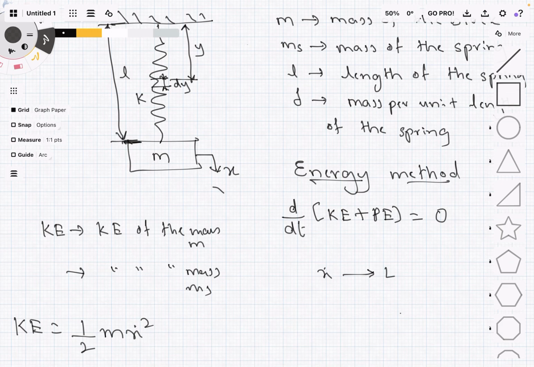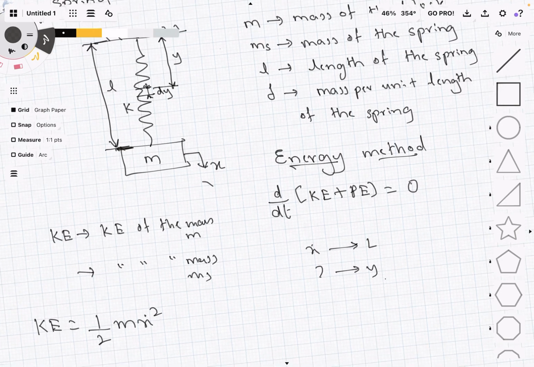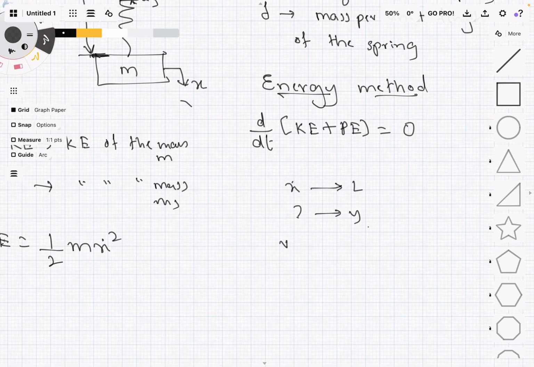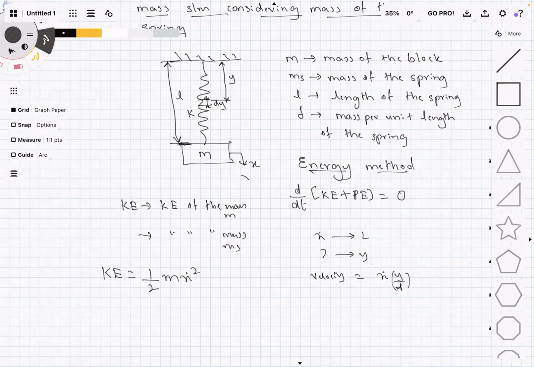So what will be the velocity at the distance y? Cross multiplying, it will be x dot into y by L. So this will be the formula for the velocity of the spring at a particular distance y.